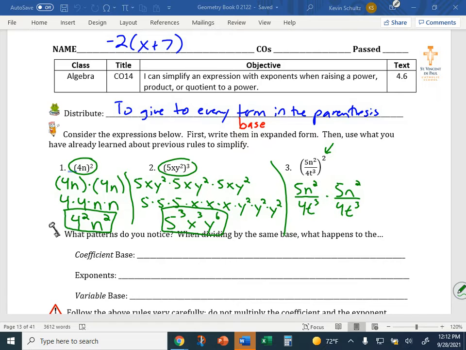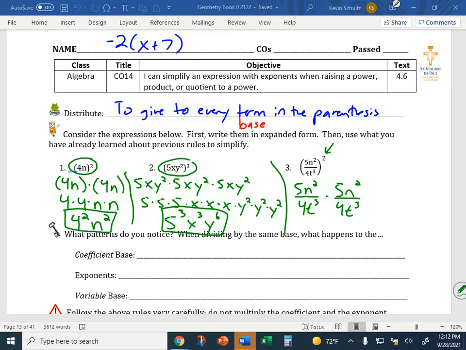They all have parentheses. When you see parentheses, be thinking distributive property. Just like when you see a negative power, you're using the negative power rule, and when you see a 0 power, you're using that rule. When you see parentheses, be thinking of distributing.